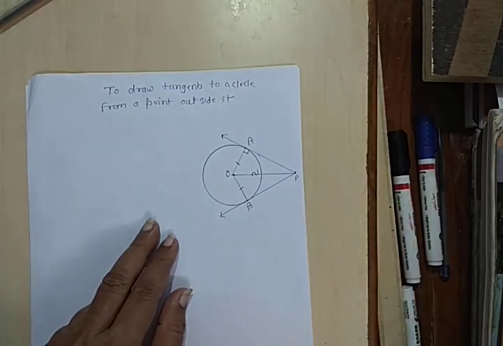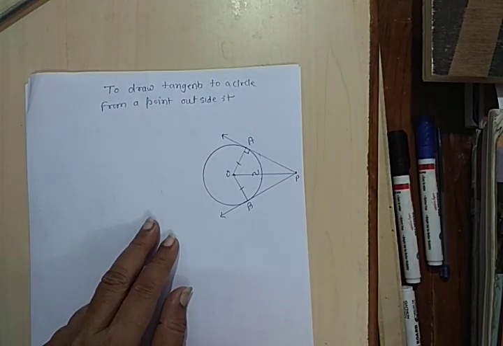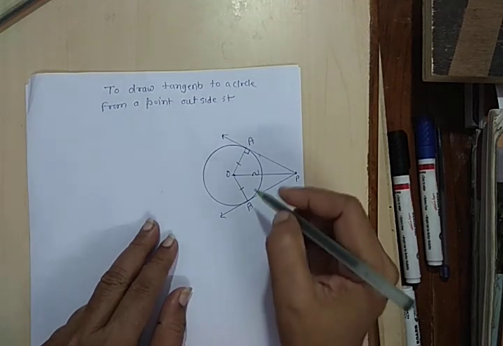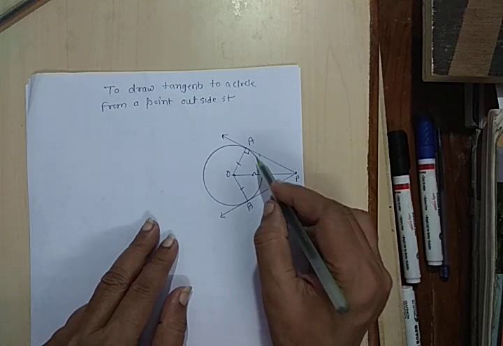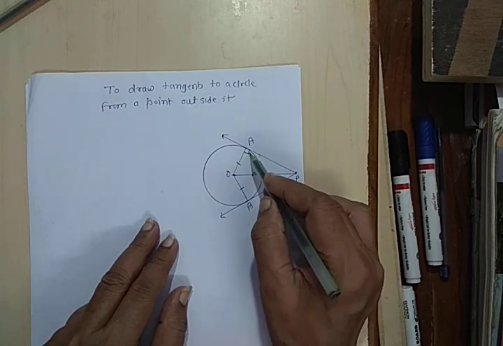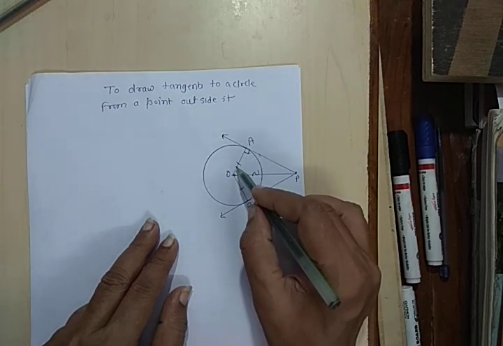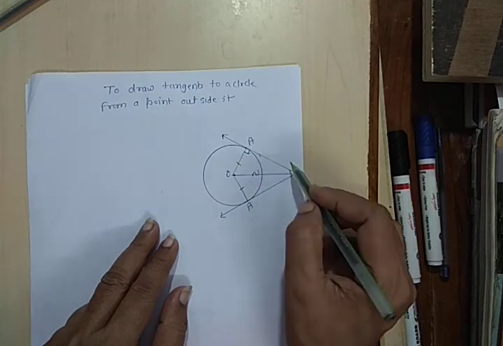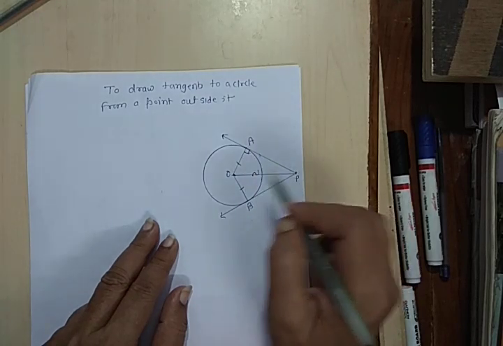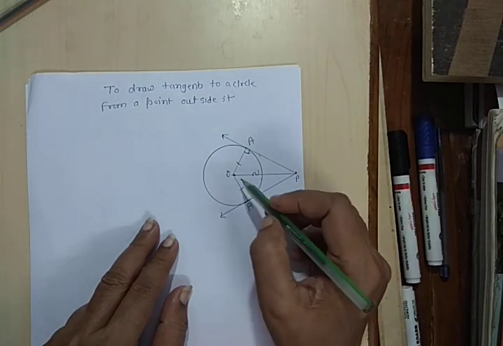Now, can you tell me what is the measure of angle inscribed in a semicircle? It is 90 degrees. That means if this angle is 90 degrees, and I draw a circle passing through O, A, P, it will be a semicircle.